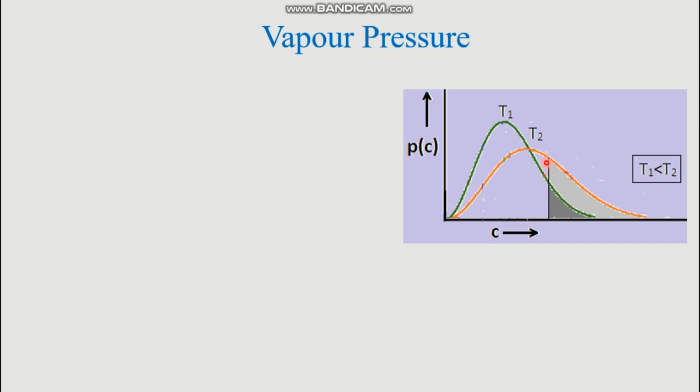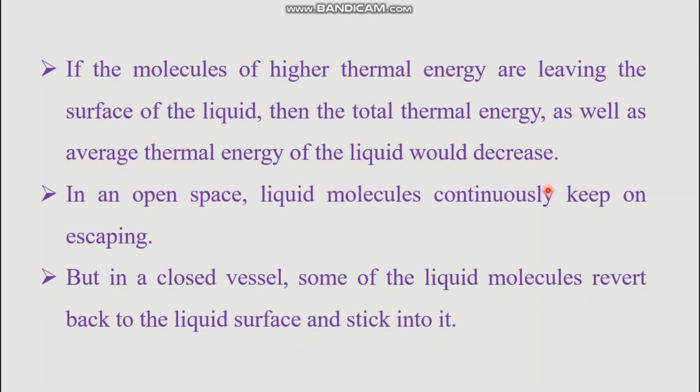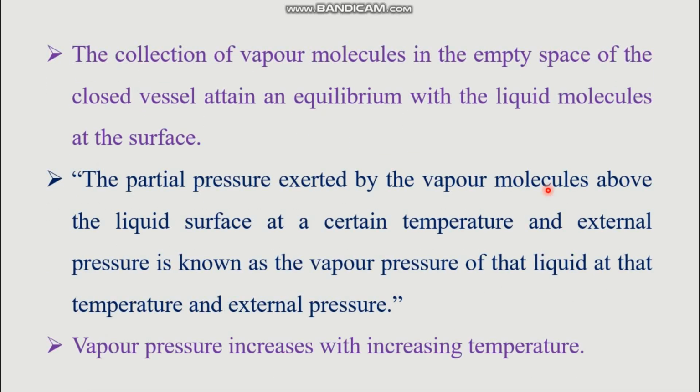The area is confined between this straight line and this orange curve for higher temperature, and for lower temperature the area is confined between this straight line from this point to this point and the curve. So if temperature is increased, then the number of molecules having kinetic energy higher than the molecular binding energy will also increase. Therefore, the point that vapor pressure increases with increasing temperature is the correct point.